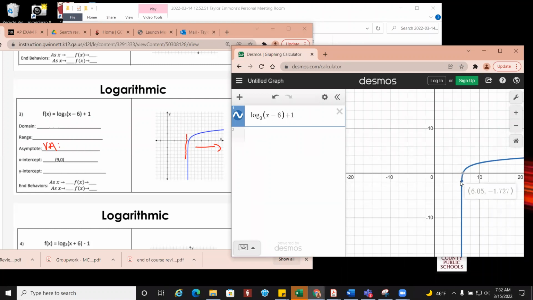Well, that's roughly about 6, right? Well, looking at our equation, we can see that 6 is right here. Whatever number is right here, that's normally going to be our vertical asymptote. Okay, so our vertical asymptote is x equals 6, and we're going from 6 to positive infinity.